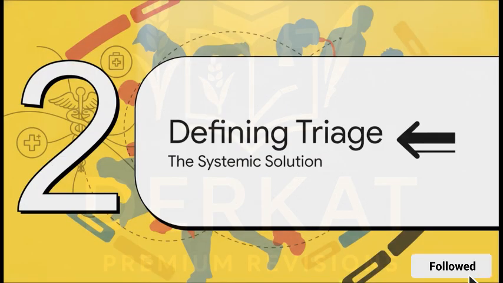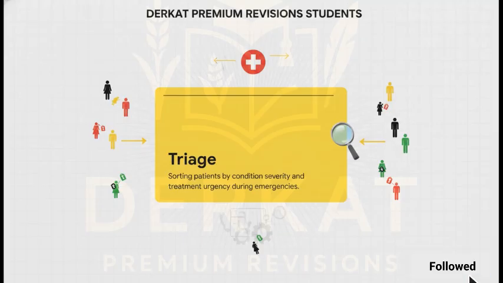Moving on to Section 2, defining emergency triage, the systemic solution. Picture this for a second. You walk into an absolutely overwhelmed emergency room, or maybe there's a sudden mass casualty incident where the number of patients vastly outnumbers the available medical personnel and supplies. It's total chaos, right? Well, triage is your systemic solution to that chaos.